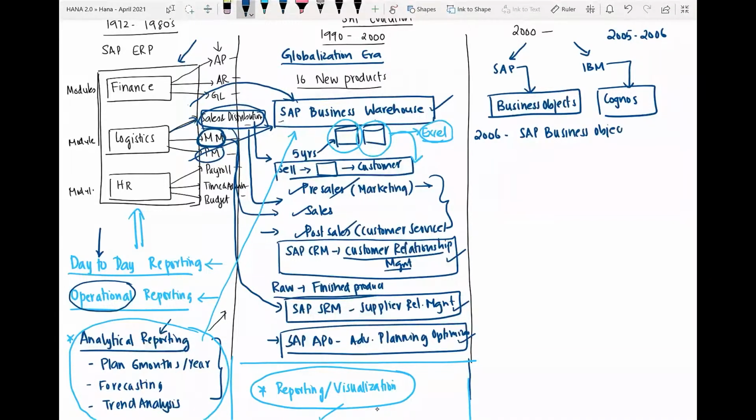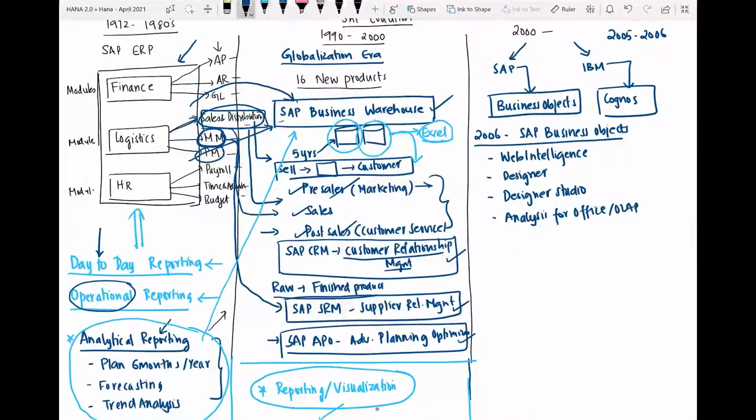So by acquiring SAP BusinessObjects, SAP was able to add a portfolio of reporting tools. To name a few: Web Intelligence, Designer, which is no longer used, Design Studio, Analysis for Office, Analysis for OLAP.